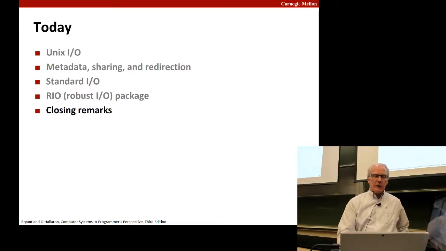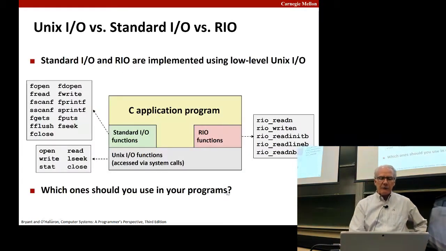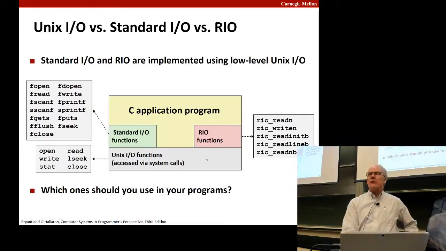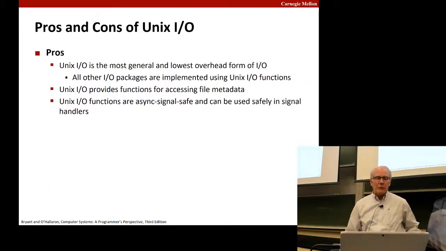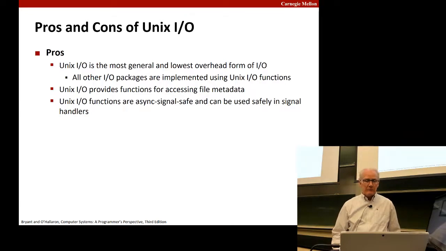Okay, so to finish this up, we've really talked about three different types of I/O. One is the low-level Unix version, the other is the familiar standard I/O, and the third is this Rio stuff. So let's review what they get used for.